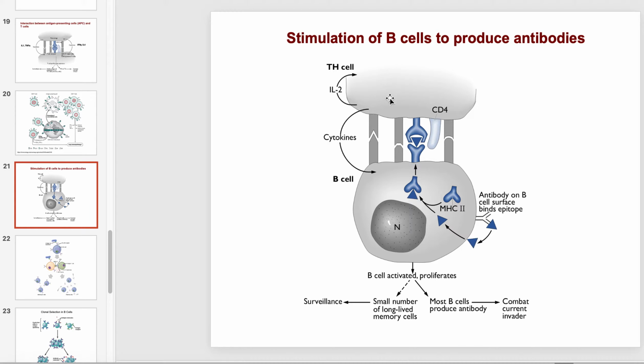So the T helper cell that you see here produces cytokines to trigger this guy to proliferate and become memory cells for surveillance and plasma cells for antibody production. So again, the long-term memory cells and the shorter-term plasma antibody cells.